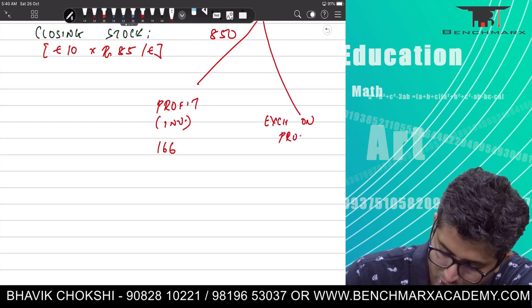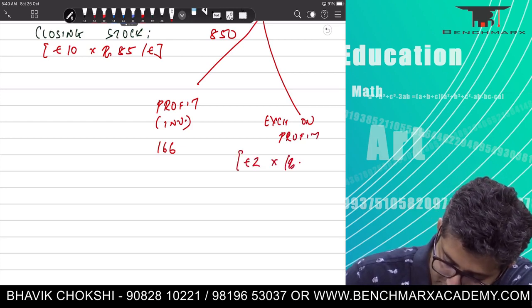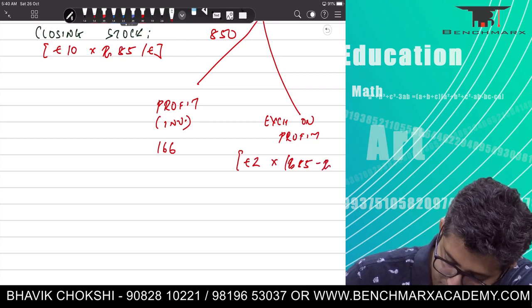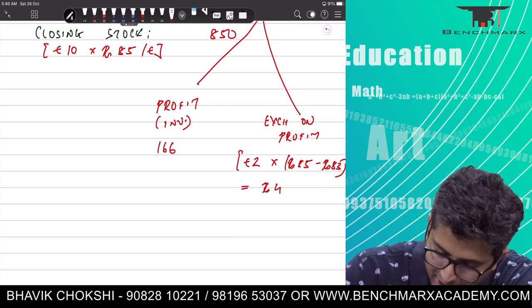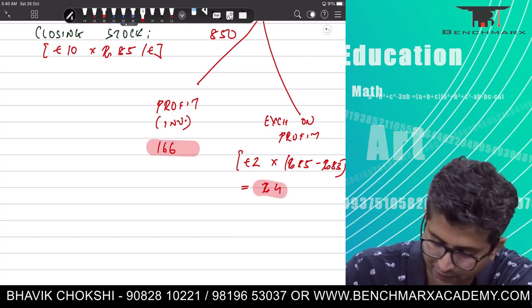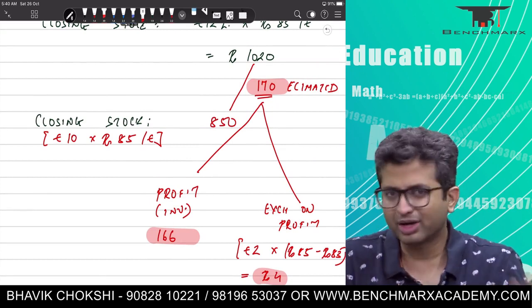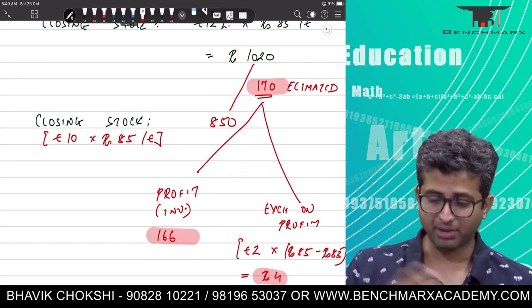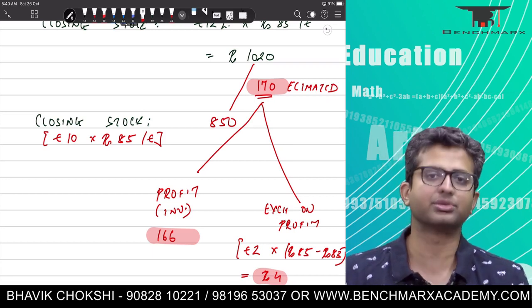The exchange difference on the profit element will be 2 euros into rupees 85 minus rupees 83, that comes to rupees 4, and hence 166 and 4 comes to 170, and hence 170 is to be eliminated. I don't think this is solved in the most appropriate manner, but at this stage, if a similar question comes to you in the exam, this is what you do.